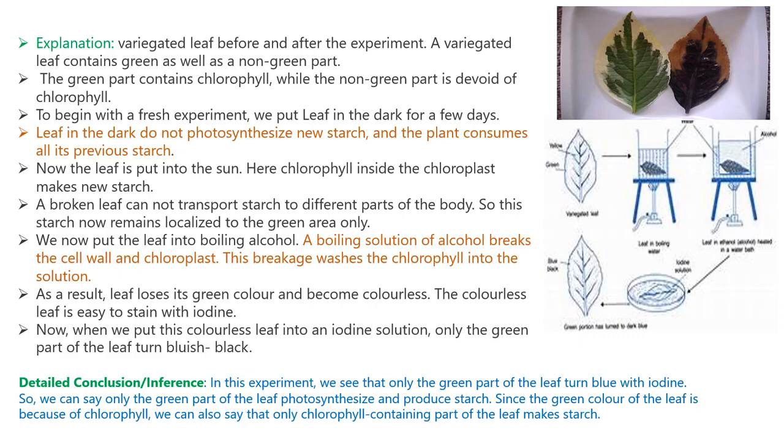So initially we want to remove all the starch which is stored in the leaf, because we want to identify whether the green part of the variegated leaf is producing starch or not. So a destarched plant is one whose leaves are free from starch.